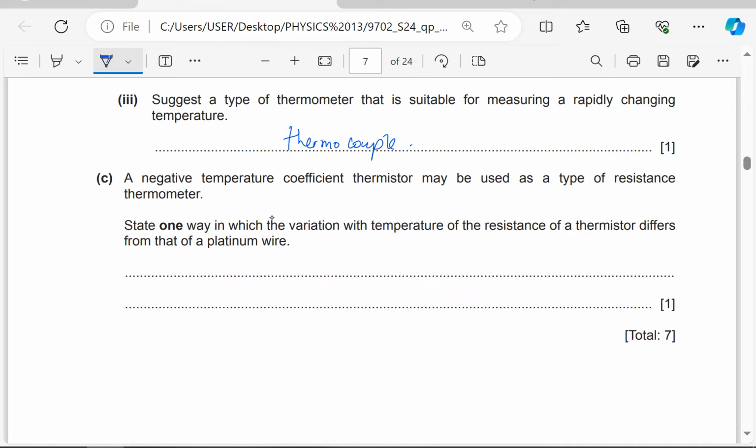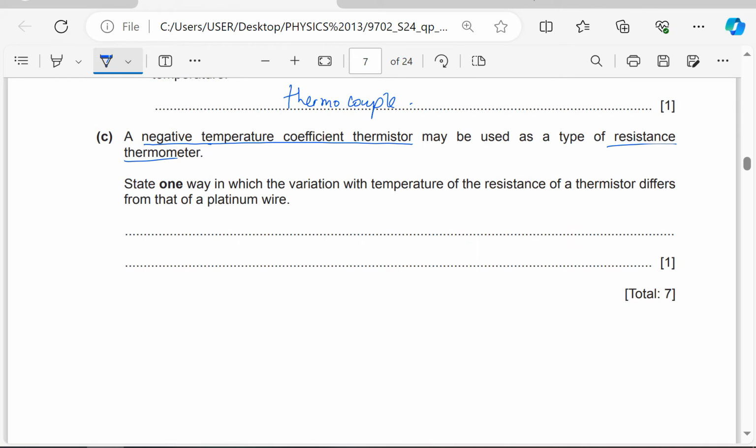A negative temperature coefficient, that means a negative gradient, may be used as a type of resistance thermometer. It is a thermistor. A negative temperature coefficient thermistor has its resistance decrease as temperature increases.